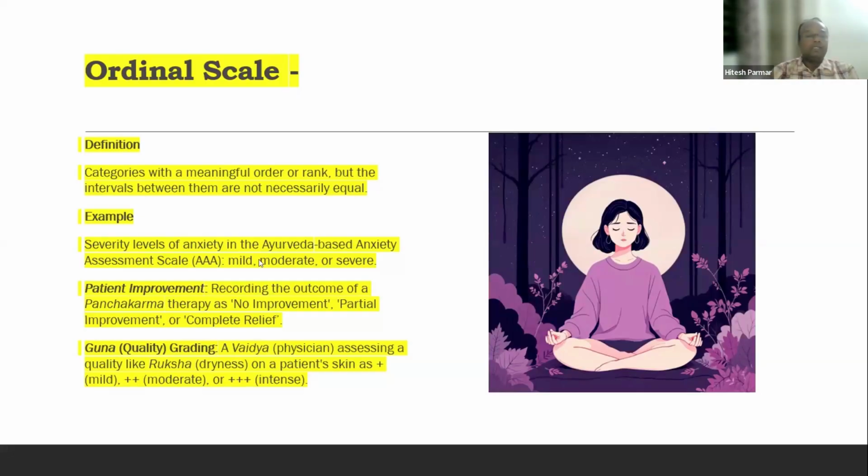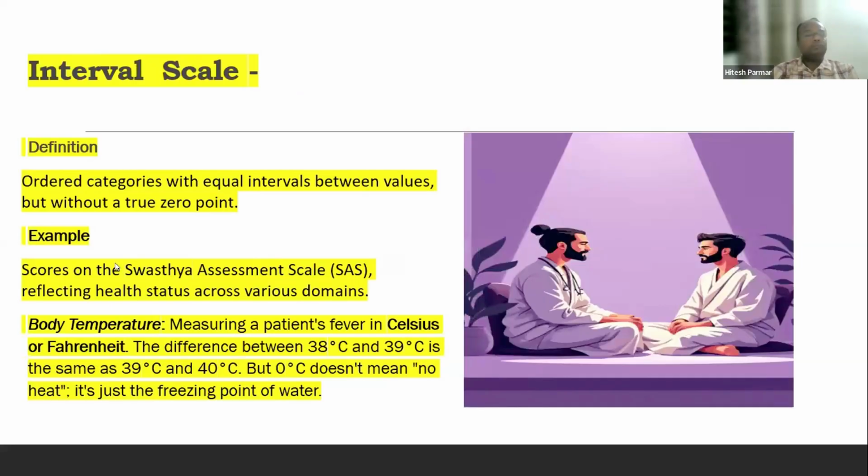Then the third one is the interval. Interval data means that we have some order, some hierarchy in the data. Earlier we didn't have equal distances among the categories, but in the case of interval data we have the equal distance property.